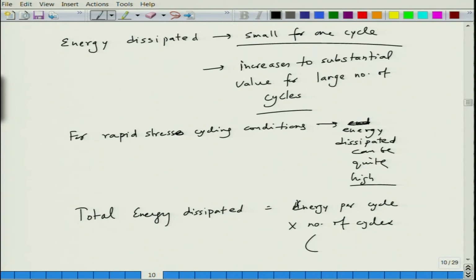So, if the number of cycles is 10 to the power 6 or 10 to the power 10, this will give rise to a large energy. This is the situation that might happen, and you can do quick calculations to find an estimate of this energy.